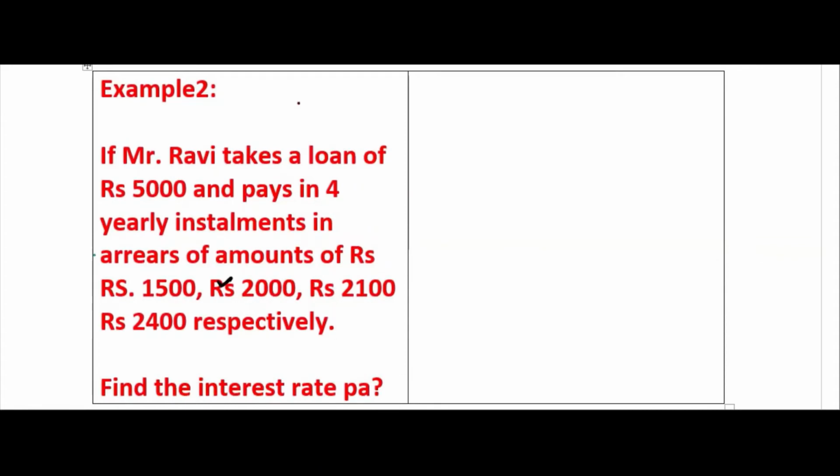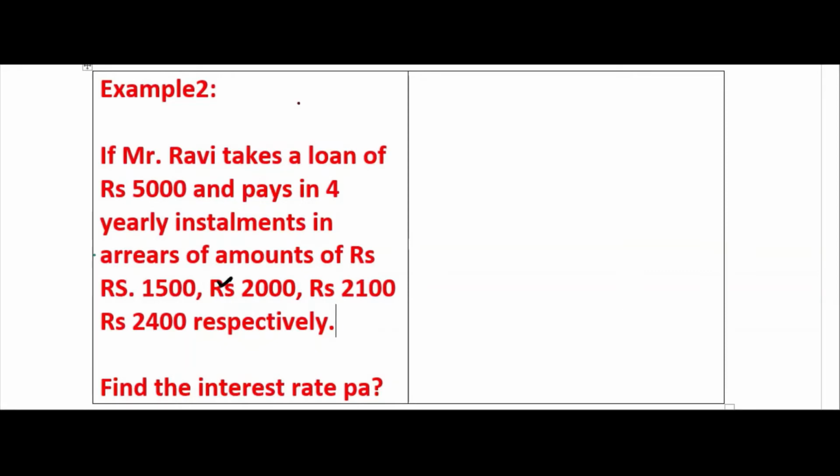So, in example 2, if you go through the question properly, we are talking about the payment 5000, but you have to pay back the amounts 1500, 2000, 2100, 2400. Even if you get an increasing annuity or decreasing annuity, you have a formula. You don't have a formula now.